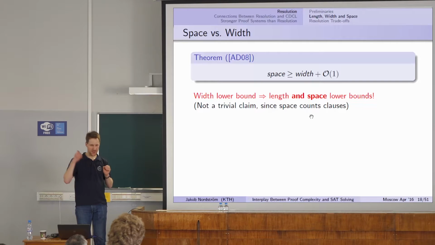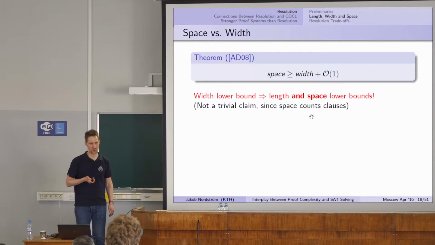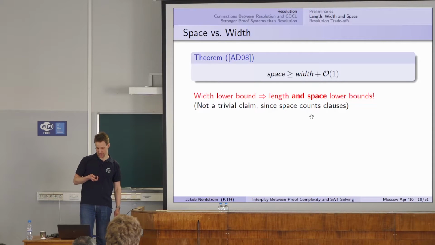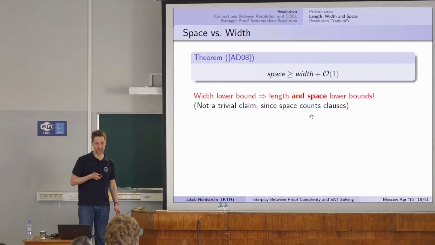That this follows generically from a width lower bound is, to me at least, not obvious. But once you know it, there are really neat and simple proofs for this.